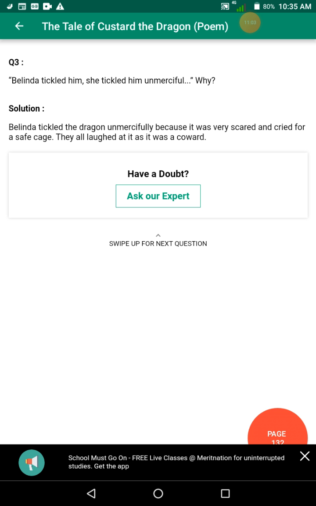So she tickled him, because he cried for a safe cage. They all laughed. Who is here? They, Ink, Blink, Mustard, everybody. They all called it a coward. Okay? Clear? Yes. Can you write the question and the answer in your notebook? I think it is very clear now. The doubt is clear.